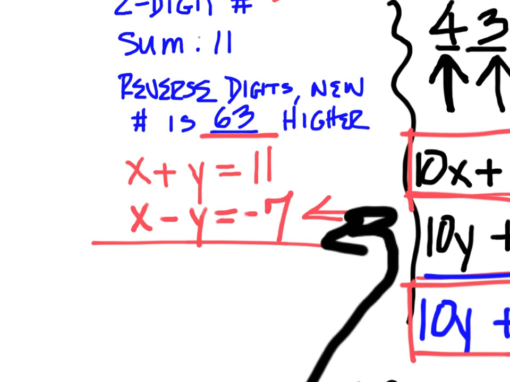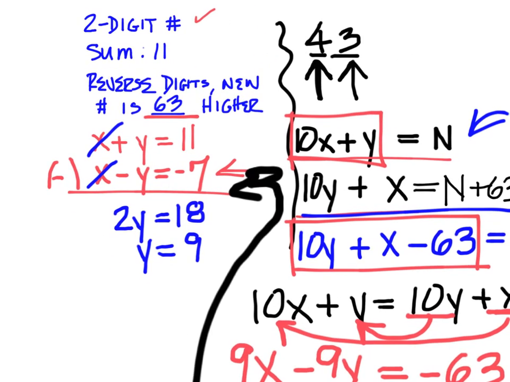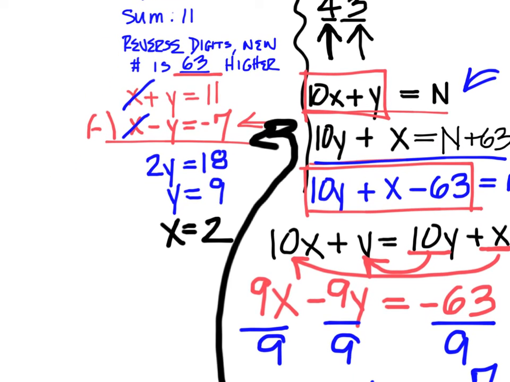And you can solve that. I'm going to add so that these cancel out and be left with 2y equals 18. What would y have to be? 9. Okay, if y is 9, then what is x? 2. What was the original number? 29.